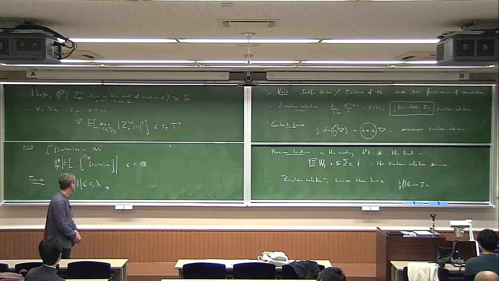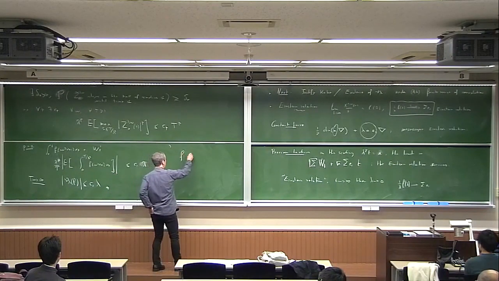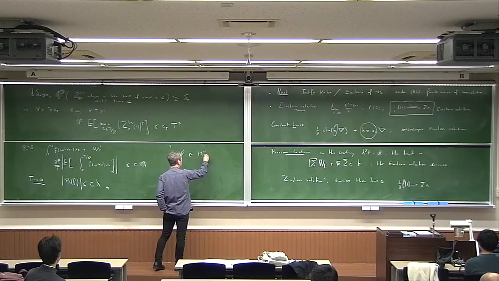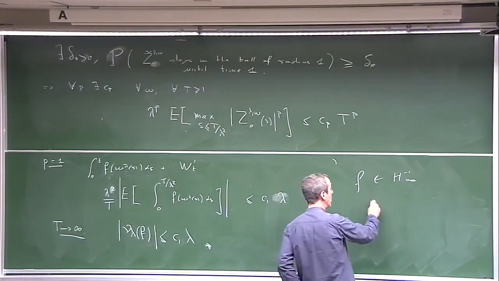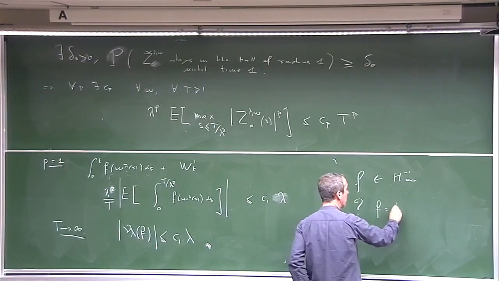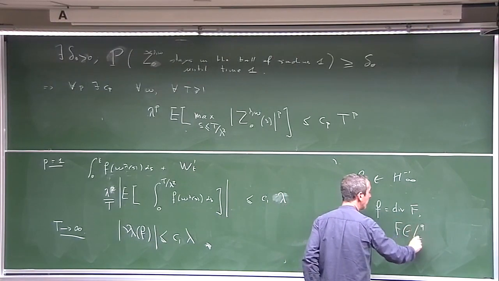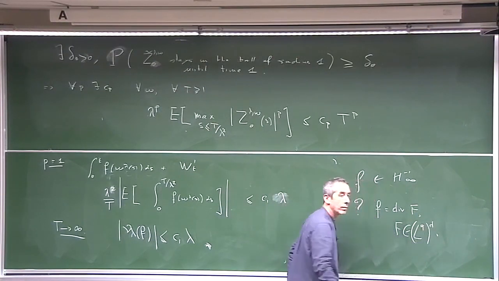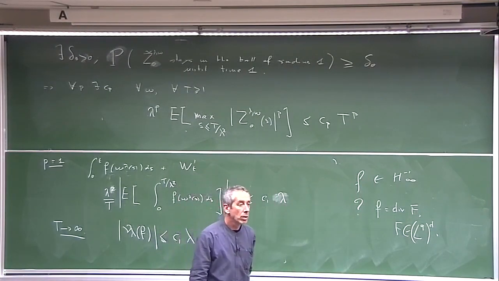But one question is, here it works because we assume that small f is in H^1_∞, H^{-1}_∞. That's important. And then there was a question about f being the divergence of something, and this something being in L².